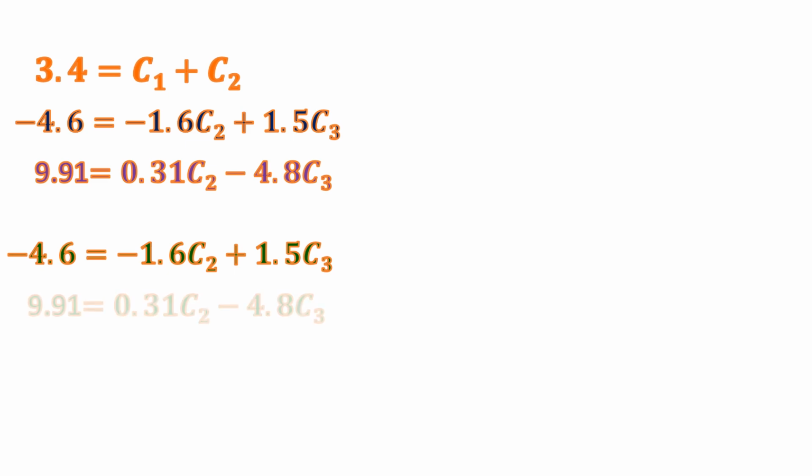So I'm gonna pair the blue and the violet because they both have C2 and C3, and I want to eliminate the C3, so I'm gonna multiply both by the opposites. So 1.5 will be multiplied by 4.8, and 4.8 will be multiplied by 1.5, so that both coefficients will be the same, and if you combine them it becomes 0.